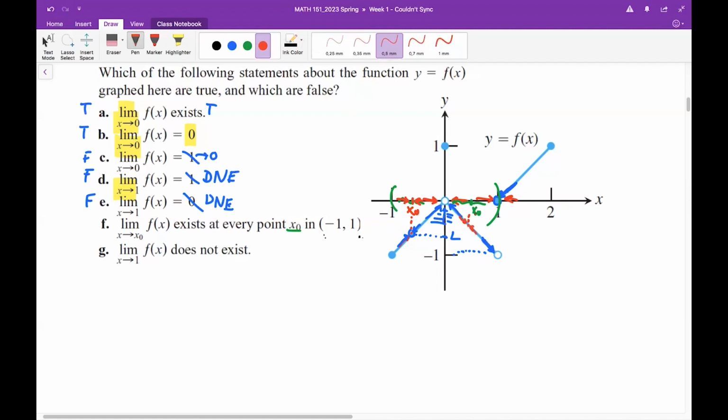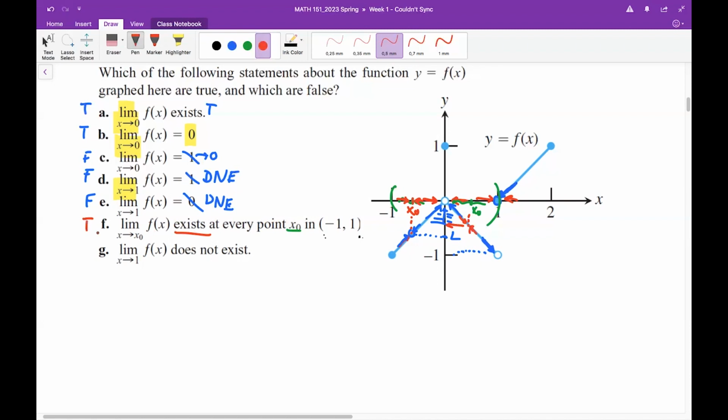On the right-hand side and left-hand side, the images are approaching the same image on the y-axis. This is because the graph of your function over -1 to 1 is a nice graph. There are no holes, no breaks, no jumps. That's why the images are approaching the same value from both directions. So for all x0s in this interval, the limit exists.